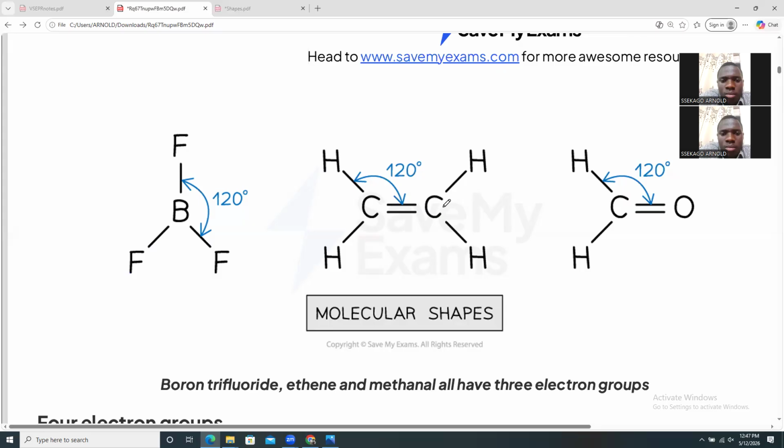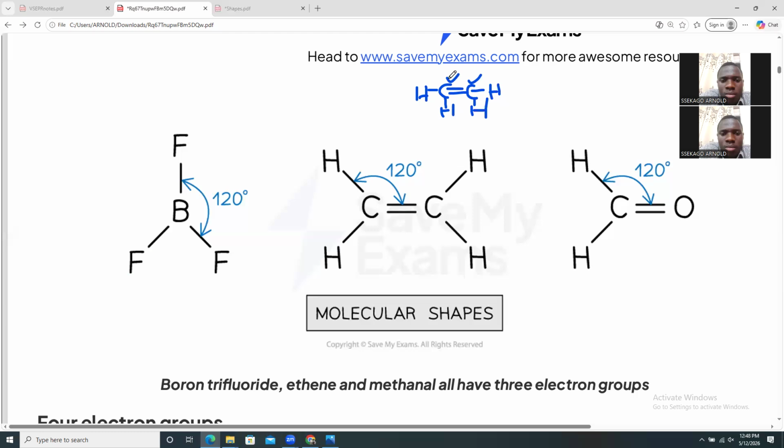This is ethene. In O level, you were taught ethene. Ethene is not new. This is how it looks. So look at the carbon atoms. We have this carbon atom here and that carbon atom here.